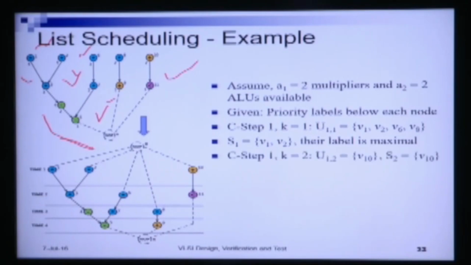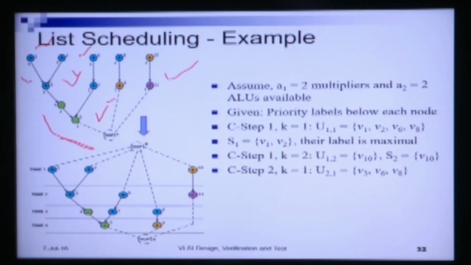Similarly, for the second resource type ALU, what do we have? We only have V10 that is available, and hence the operation V10 will be allocated to one ALU resource.